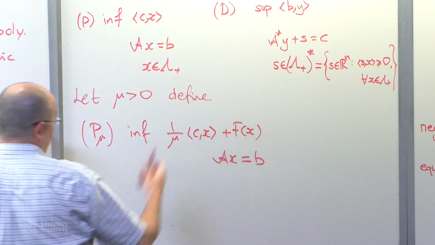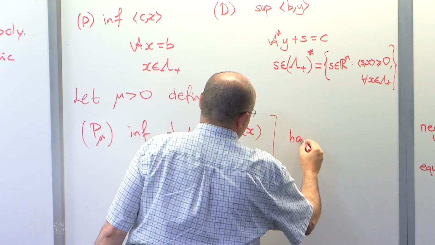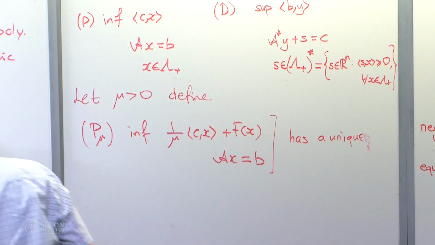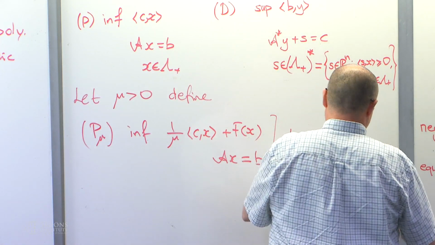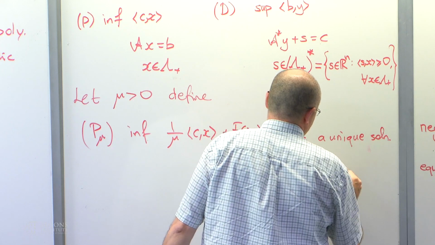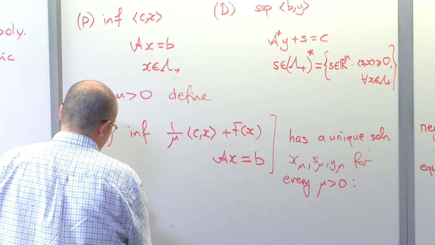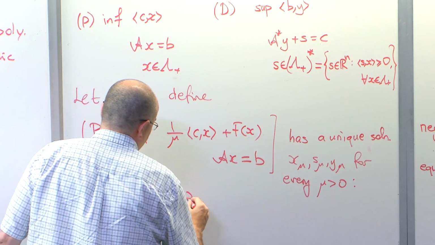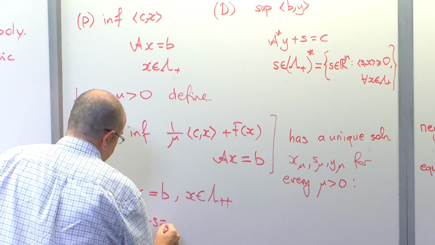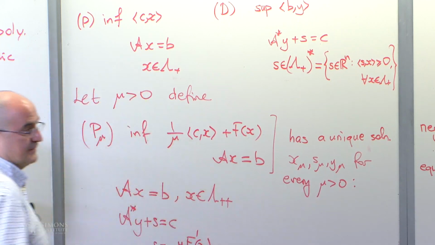So under these assumptions of x0 and s0 existing and A being surjective, this problem has a unique solution x mu, s mu, and y mu for every mu that's positive, and that solution is characterized by Ax equals b, x is in the interior of the hyperbolic cone, A star y plus s is equal to c, and s is equal to minus mu f prime x.